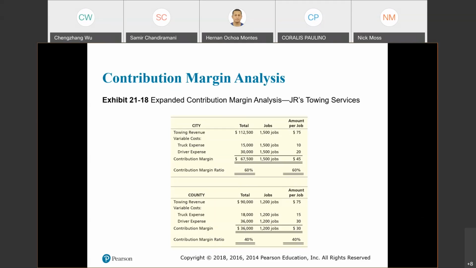So you can consider how the managers could reschedule the fee charged to each customer outside the city area. Well, it is your job to take this into consideration.